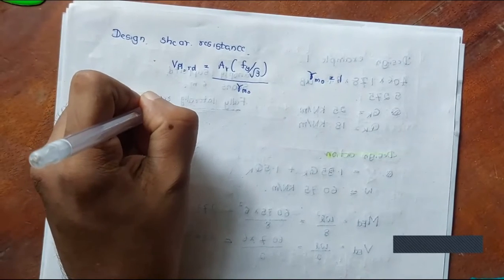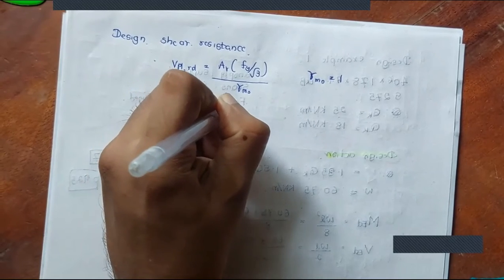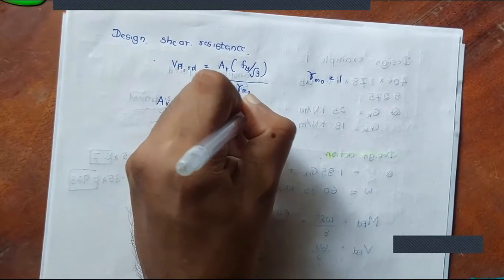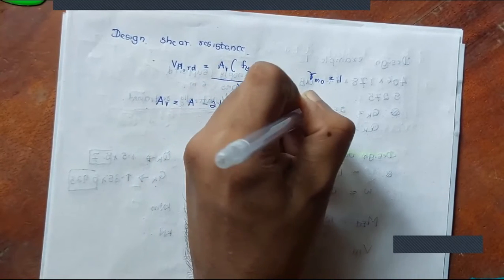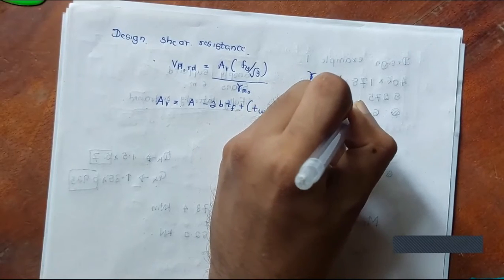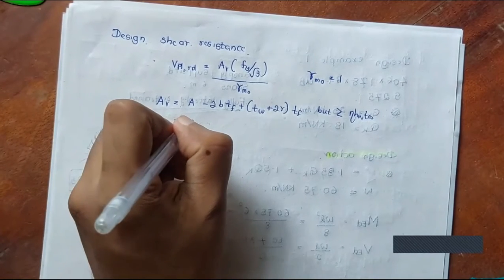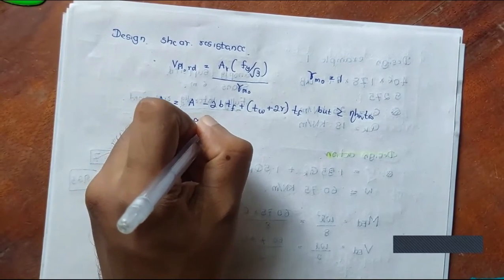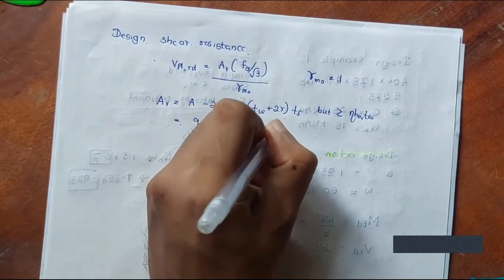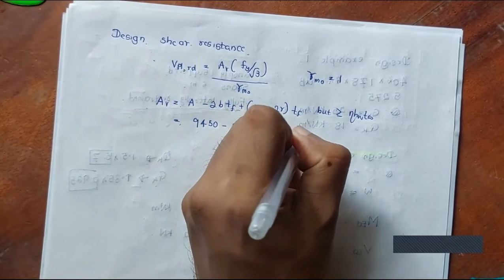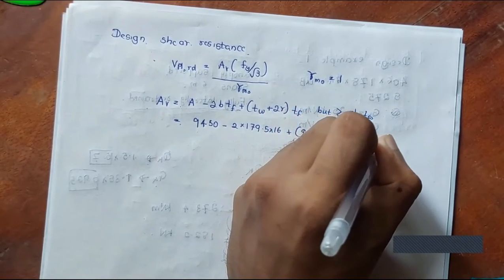So this Av you can calculate. They have given the equation as this: A minus 2b tf plus (tw plus the root radius) into tf, but it should be at least eta hw tw, right? So Av is going to be the area, it has been given as 952 into 179.5 into 16 plus 9.5 plus 2 times 2 into 16.4.